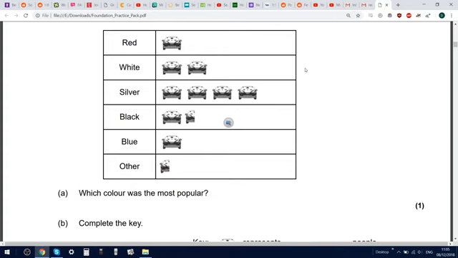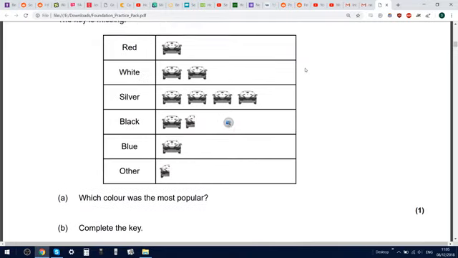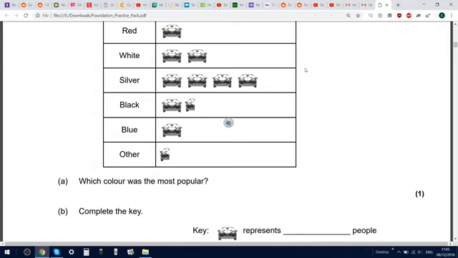The silver's the most popular. So 20 people were asked. Would half a car equal 1 and a full car equal 2?